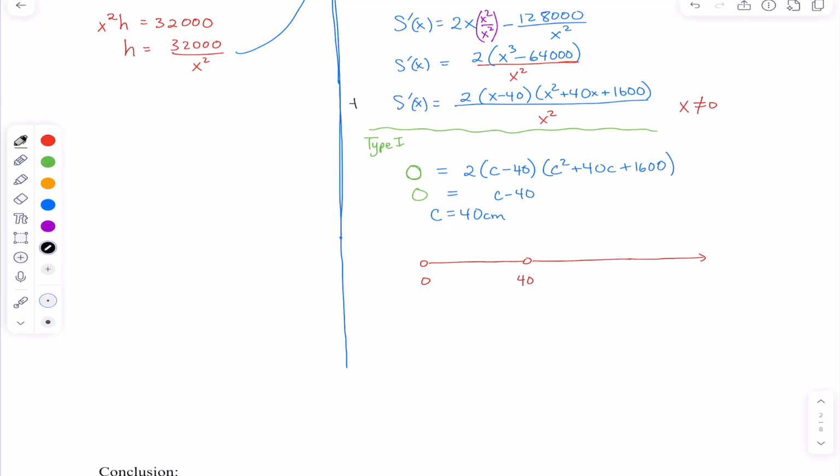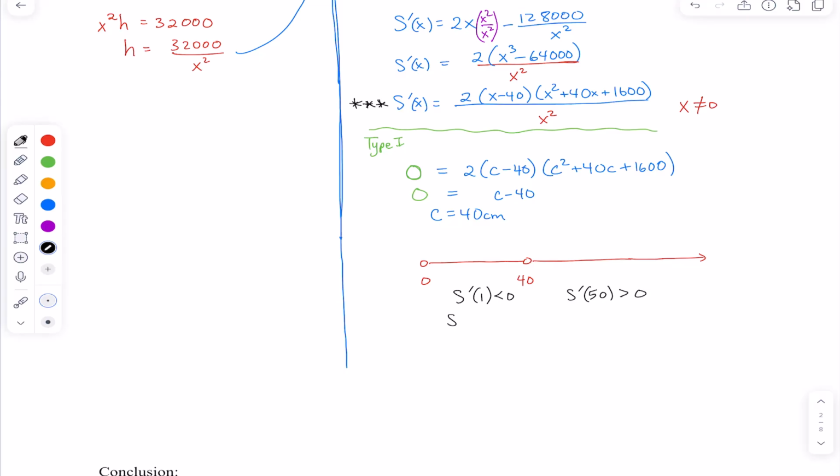I could use this one here. So why don't we test the first derivative evaluated at 1. That is clearly going to be negative. And let's look at the first derivative evaluated at 50. That's clearly going to be positive.